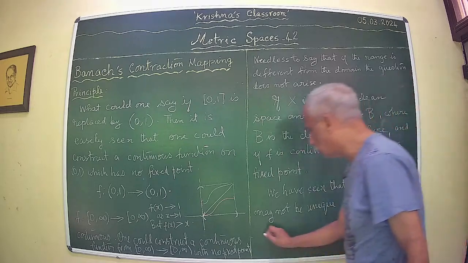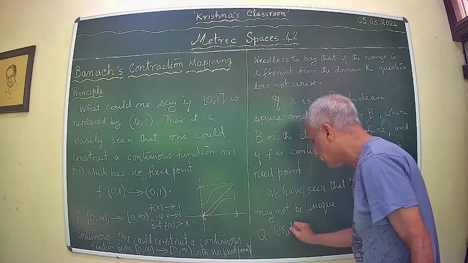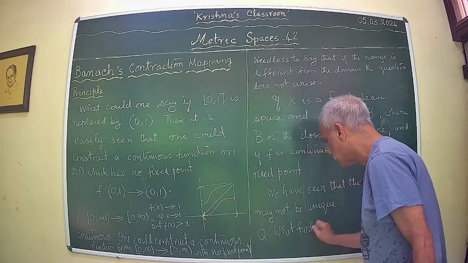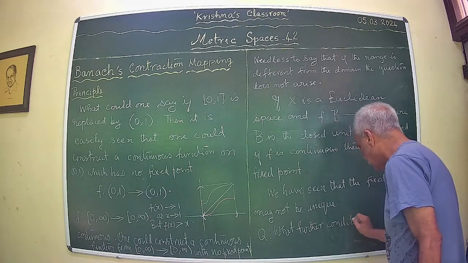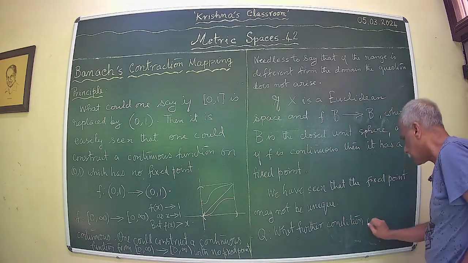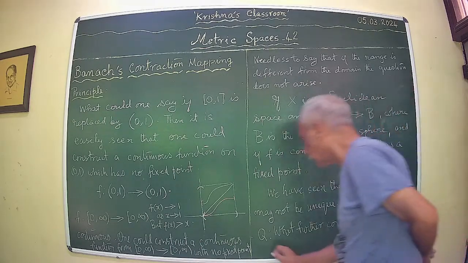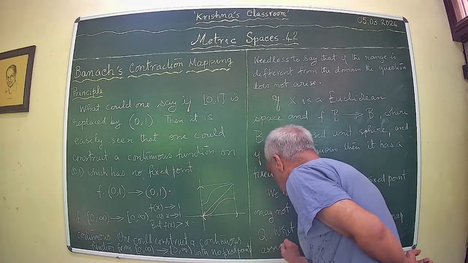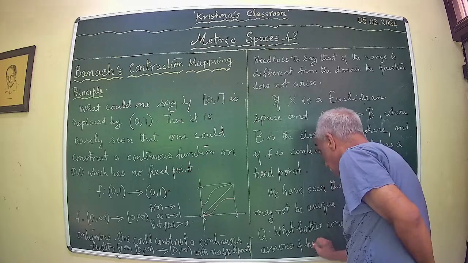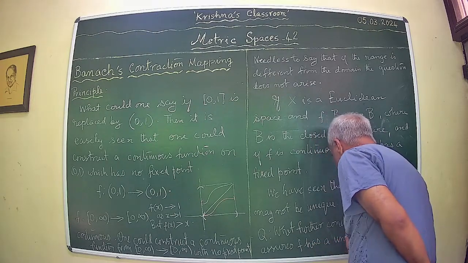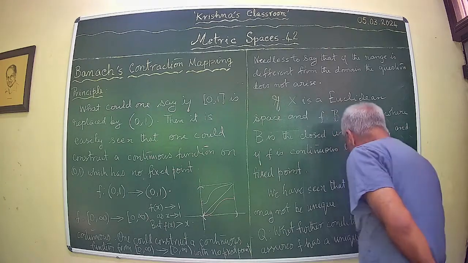So we asked the following question: what further condition on the map F assures that F has a unique fixed point.